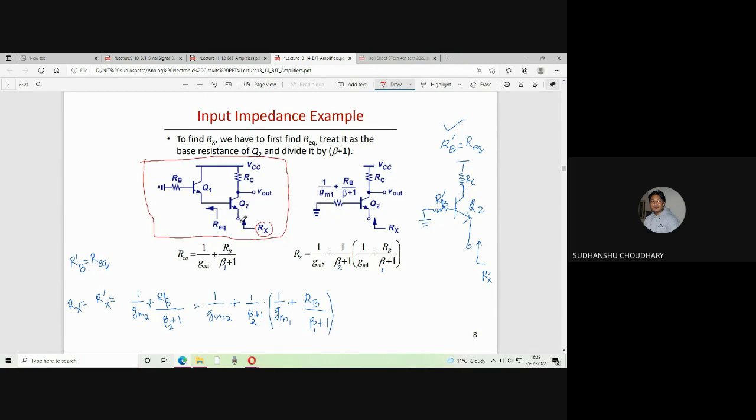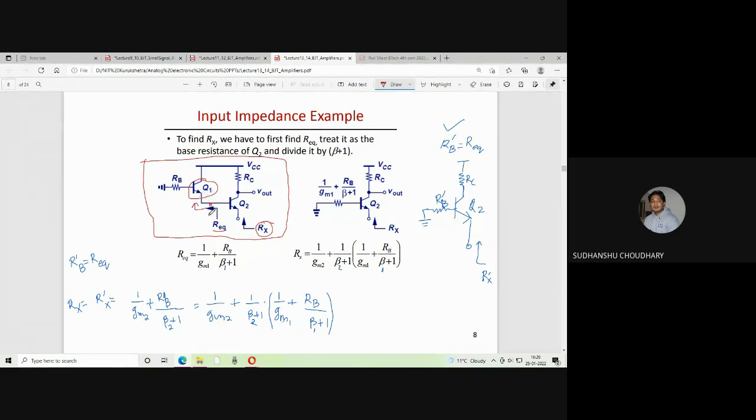For finding Rx, I need to transform this circuit into a simpler circuit. Here, this transistor Q1 can be replaced by the impedance observed looking into the emitter of Q1, that is, the input impedance of Q1.